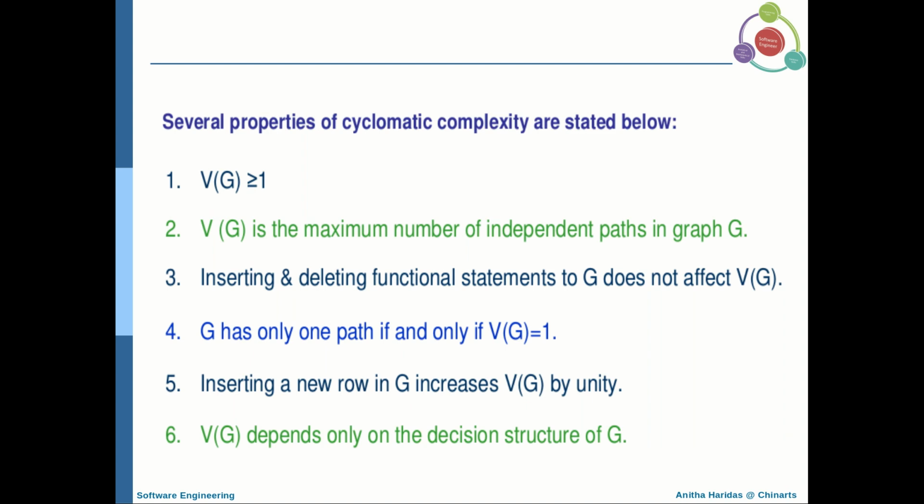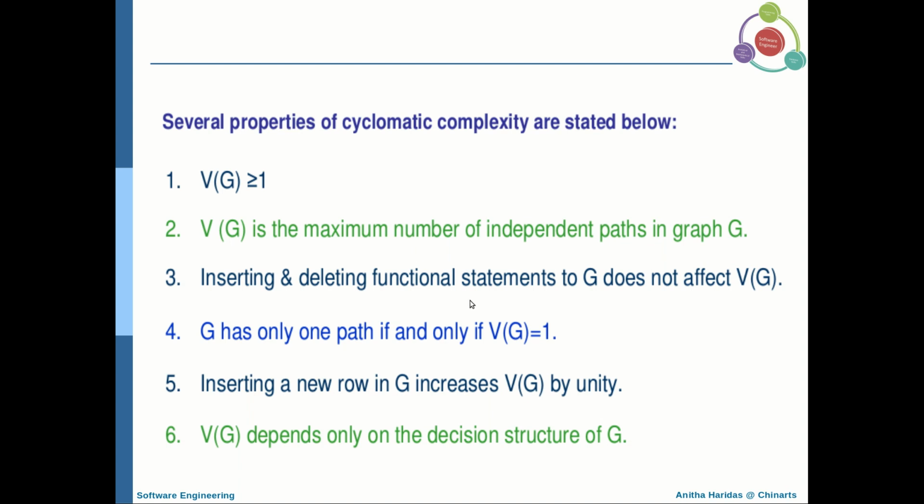These are some of the properties of the cyclomatic complexity. The cyclomatic complexity will always be greater than or equal to 1, and the complexity is the maximum number of independent paths in the graph G. So if you have the metric value as 5, then at most you can have 5 different independent paths.